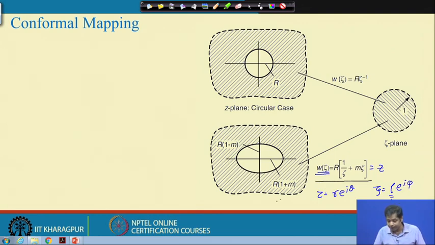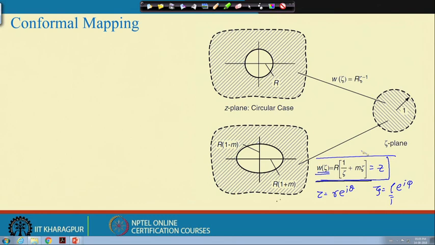Now, you try to plot it. You take points on the zeta plane, project them through this transformation, find z and then plot it.